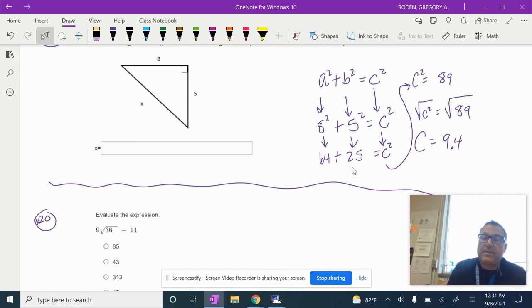Now how do we get rid of a c squared and just get c? You square root both sides. The square root of c squared is c. Now, what's the square root of 89? Well, it's bigger than 9, because the square root of 81 is equal to 9. So it's slightly bigger than 9, but it's obviously less than 100, so it's between 9 and 10.